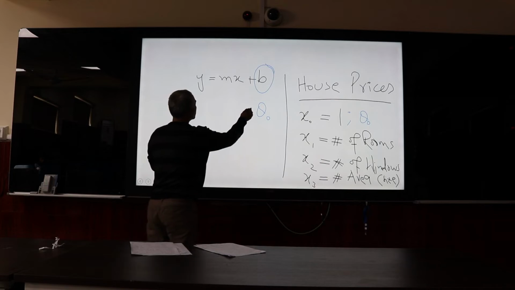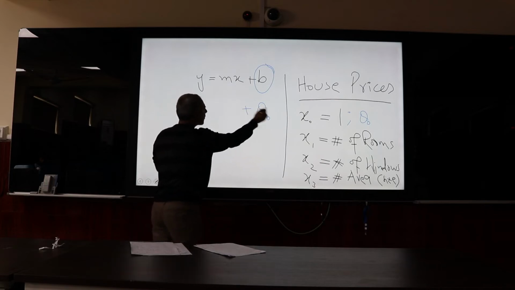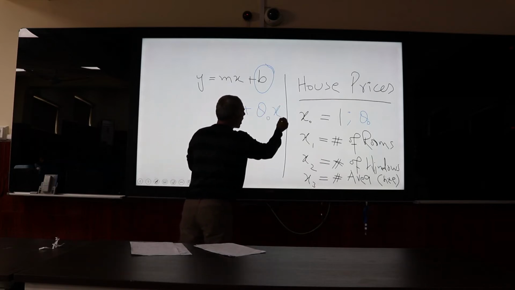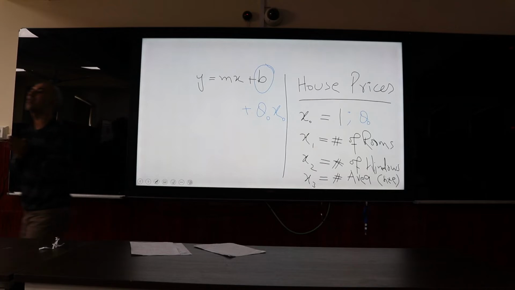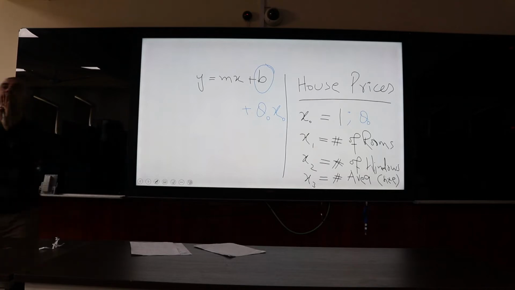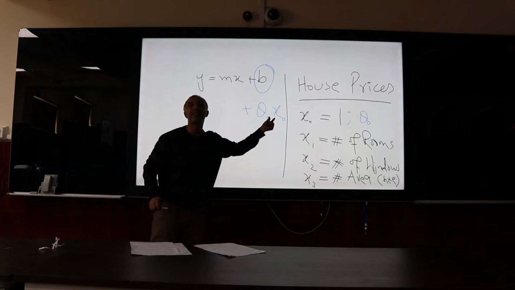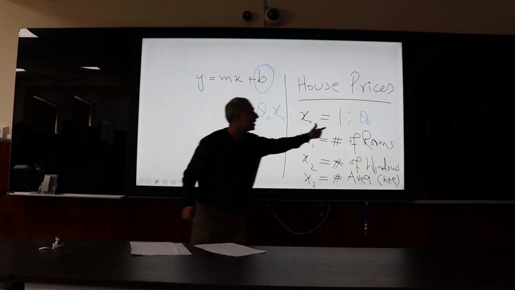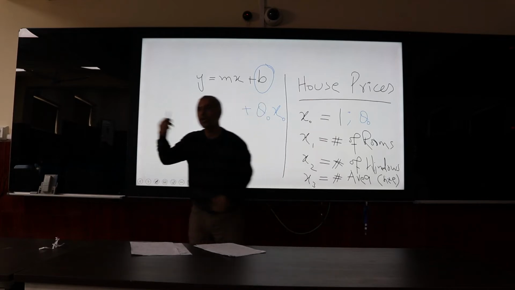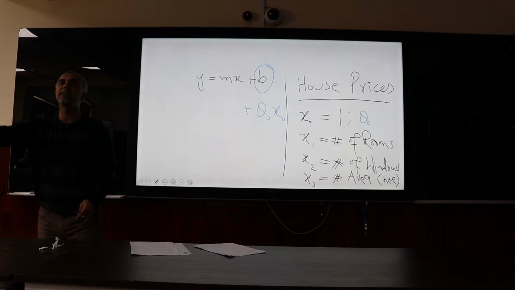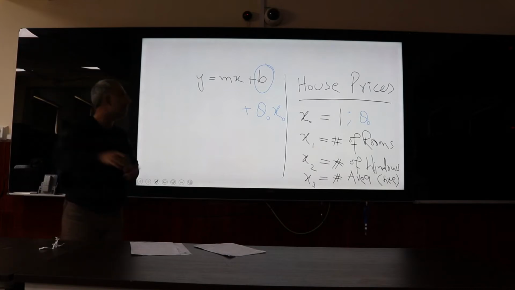And of course, we are talking about the house, so x naught is also involved. But usually we do not write x naught in the equation of line, because x naught is equivalent to 1. For example, these are the oranges, these are the houses, these are the schools, whatsoever, these are aeroplanes.